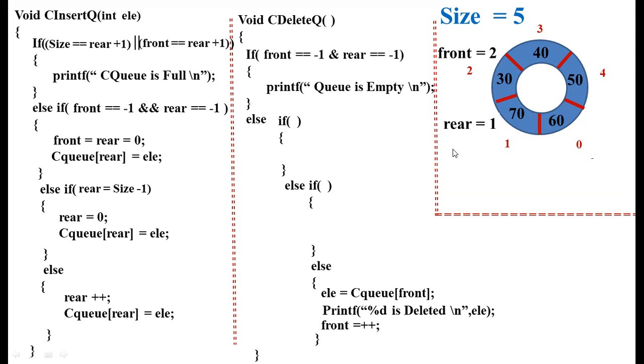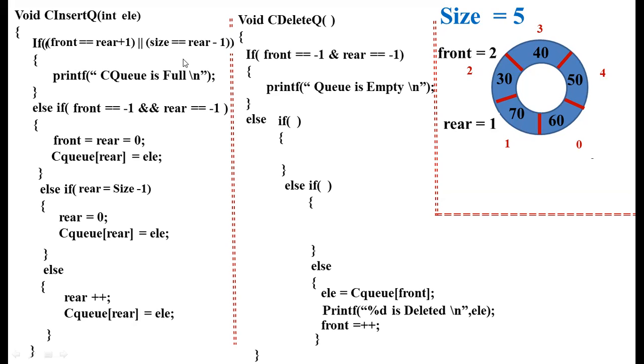Now, my question here is, which condition do we need to check first? Whether we need to check this condition first or this condition first. So here we need to check this condition first. So let us rewrite the logic. That is, front is equal to rear plus 1 or size is equal to rear minus 1.